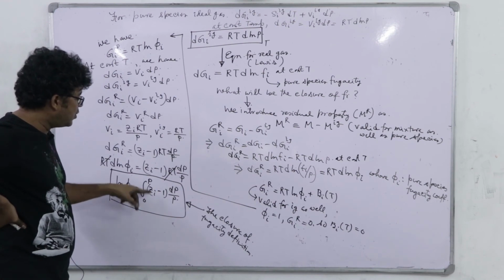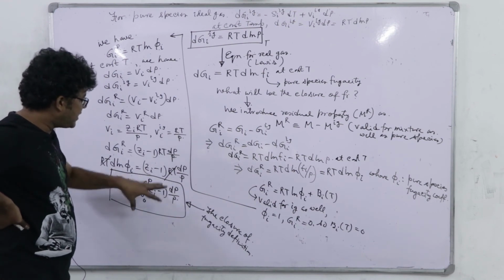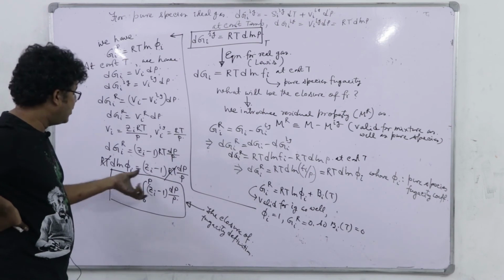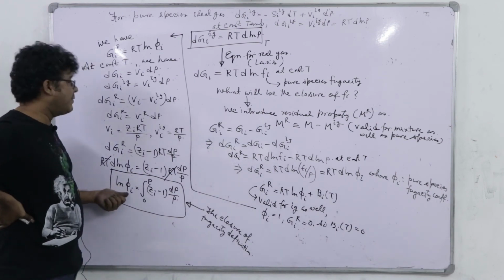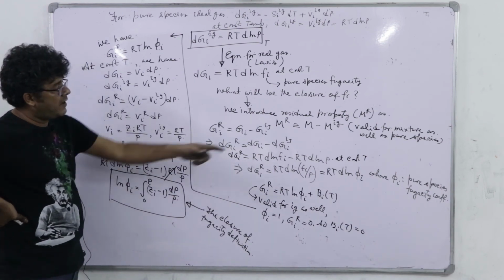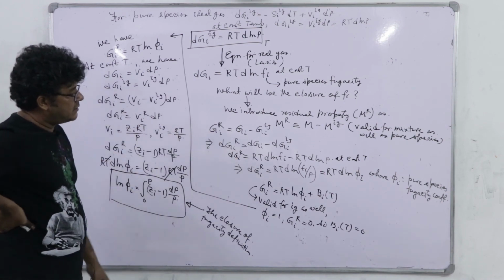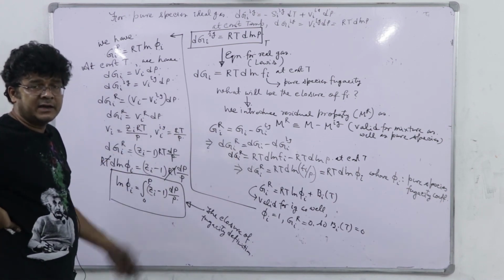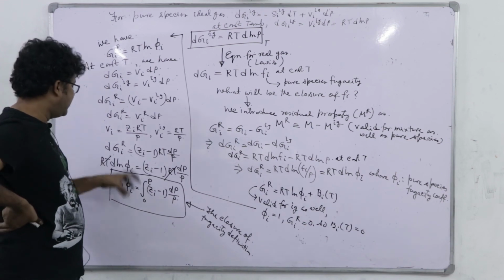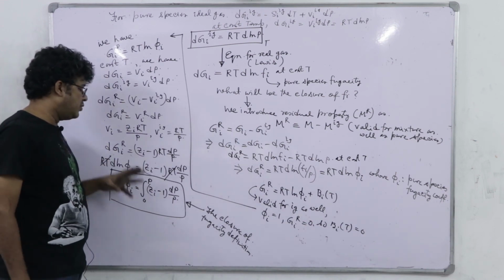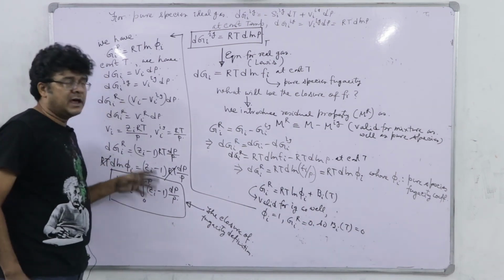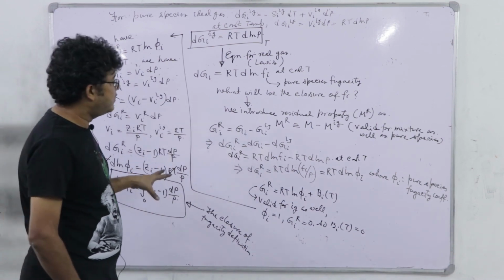So, I will substitute those values, and if analytically it is not possible, we will numerically integrate it, get the value of phi i, and from phi i we can calculate this fi upon multiplying it by pressure. So, residual Gibbs energy we are now able to directly calculate for a pure real gas, right.